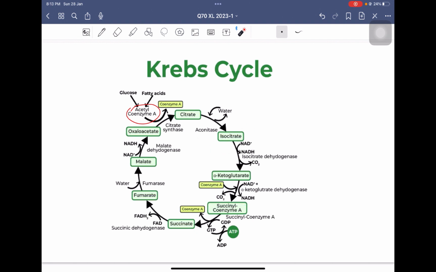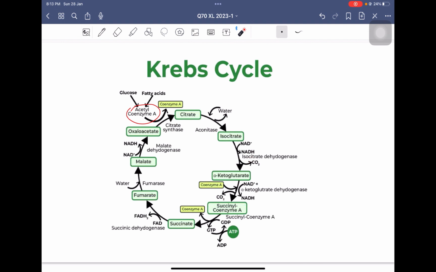Now isocitrate will be converted to alpha ketoglutarate, catalyzed by the enzyme isocitrate dehydrogenase, and in this process one molecule of NADH will be produced, and 1 carbon dioxide will also be eliminated.